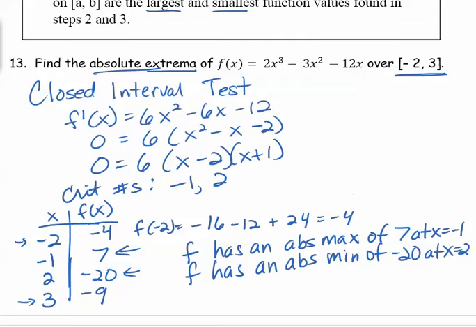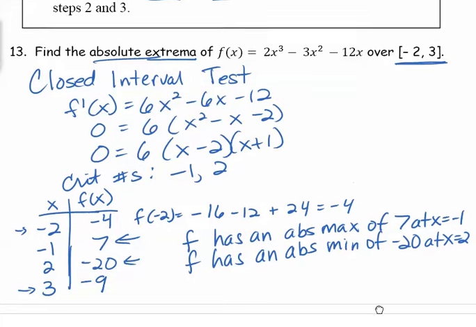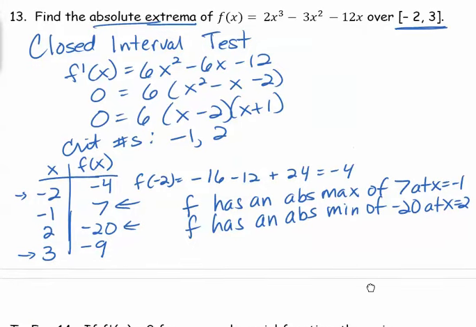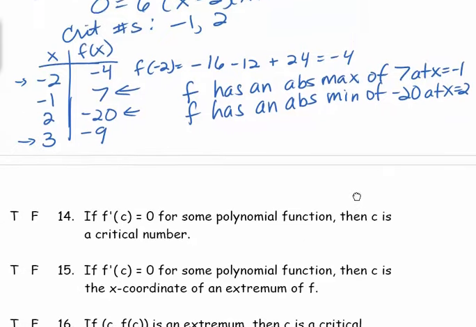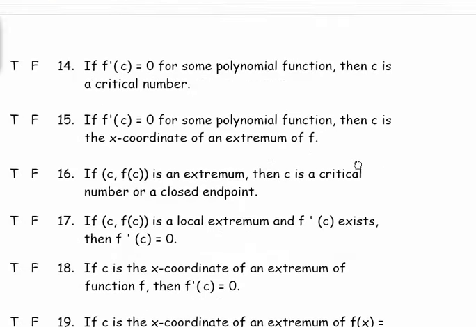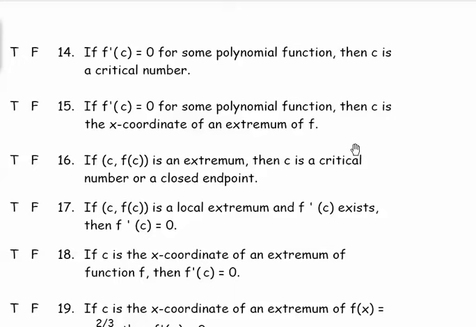So that's the closed interval test. You have to find the y-coordinates at the closed endpoints and at the critical numbers. And I think the rest of the worksheet will be your homework. So I think I will pause here and do your homework problems in a separate video.